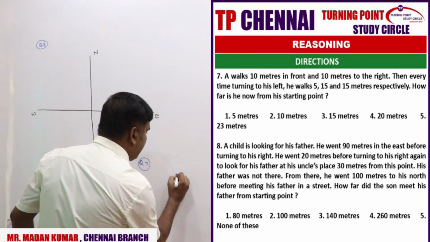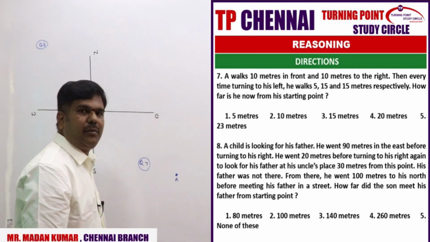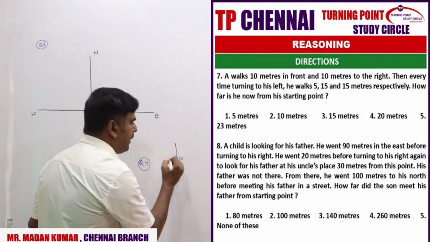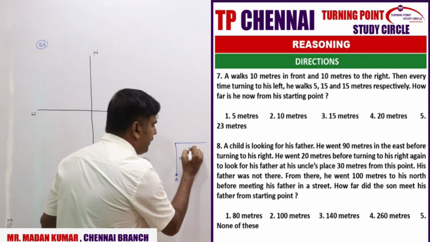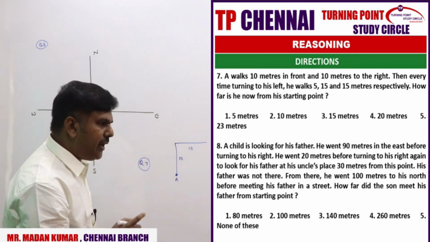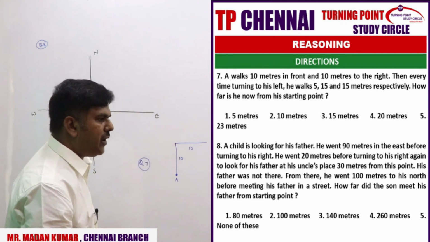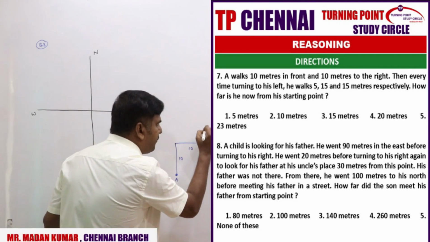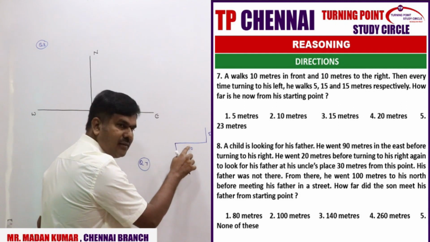Say that wherever the point A is, he went 10 meters to the front. First step, how much did he go? 10 meters to the front and 10 meters to the right. And every time turning to his left, he walks 5, 15 and 15 meters respectively. My first one, how much did he travel every time turning to his left? Scaling is important.